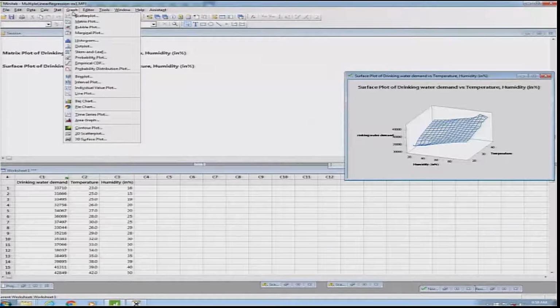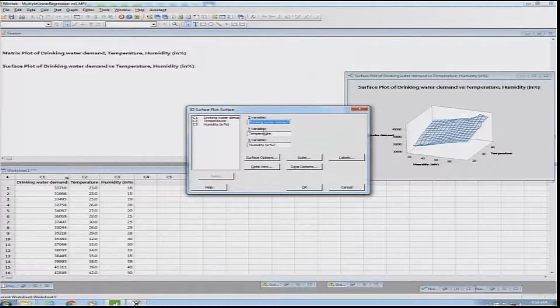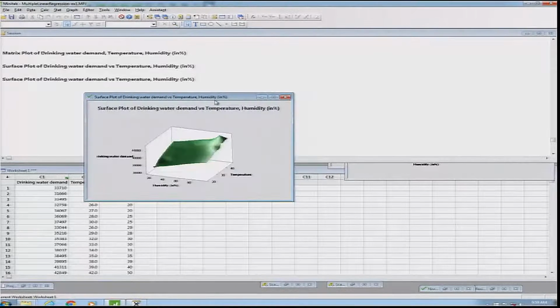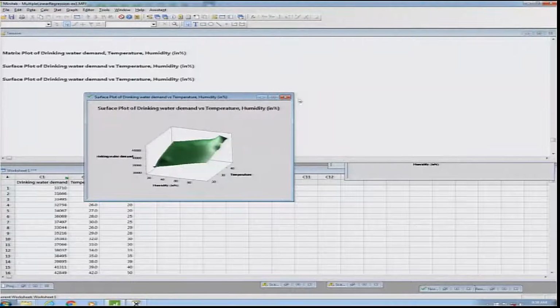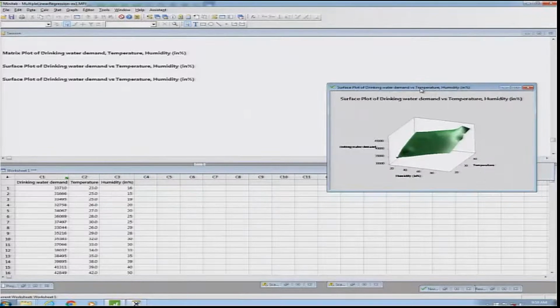Similarly, there is another option, a 3D surface plot. If I get the surface plot here, that will give us this type of surface. I am just preparing the ground, and we would like to be confident that once I fit a linear regression model, this is a situation where a multiple linear regression model can be fitted. Obviously, when we have more than three variables altogether, the option of a three-dimensional surface plot is not available.